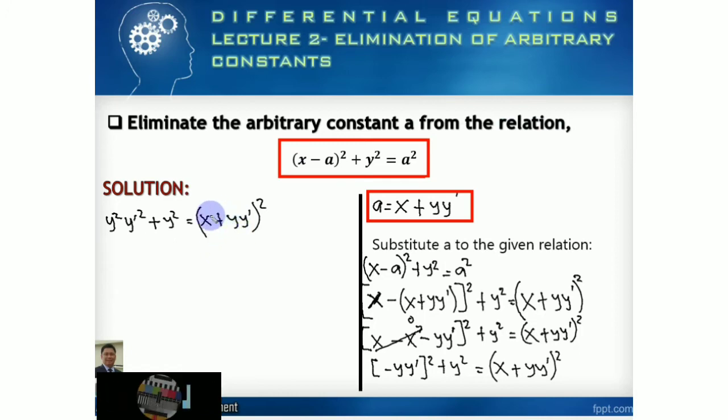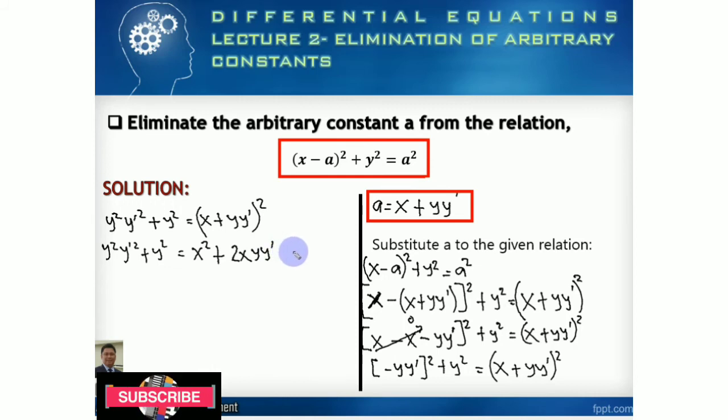So now we are going to simplify this term. Proceeding with our calculation, we have y squared y prime squared plus y squared is equal now to, this is a quadratic equation, so this would be equal now to x squared plus the product of this x and this y prime, we just multiply that by 2, to 2x y prime, plus this y prime raised to the 2, so this would be y squared y prime squared.